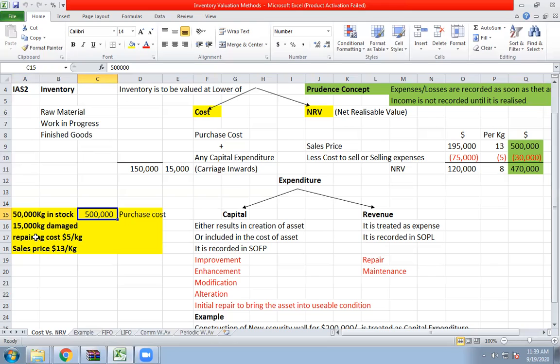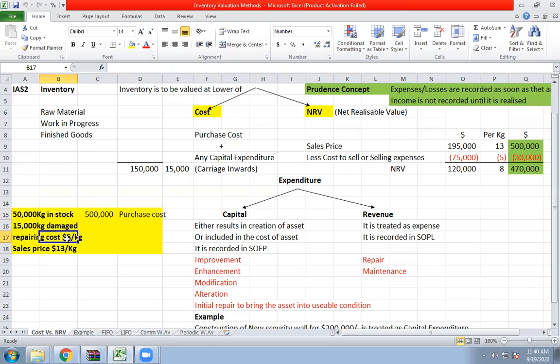These 15,000 kg need a repairing cost of 5, then I will be able to sell it for $13. If I earn this $13 after incurring this $5 cost, I will save only $8. It means my net realizable value is $8, whereas my cost is 10.